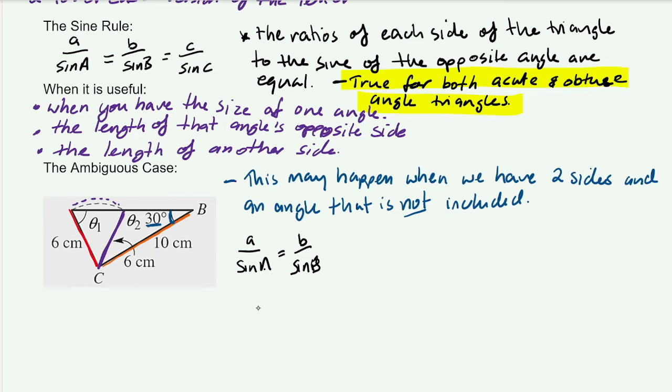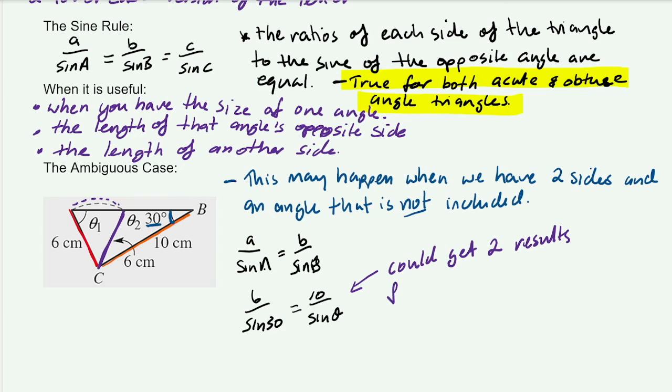If we use the 6 over sine 30, that's going to be the same as 10 over sine theta. What's going to happen here is that you could get two results for theta. There's a theta 1 and a theta 2.